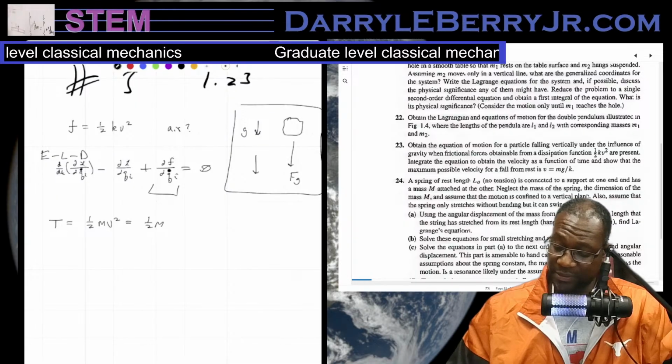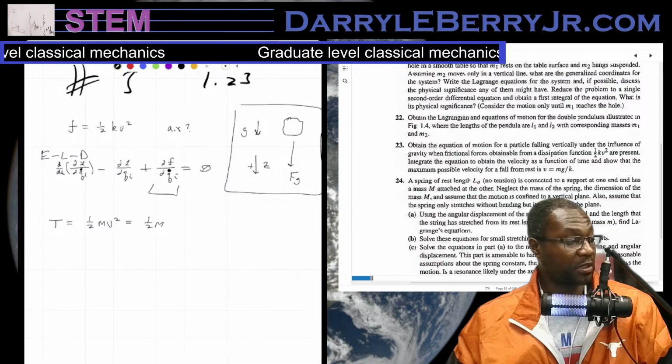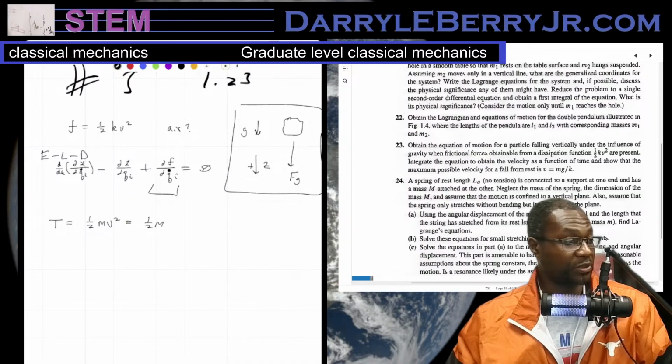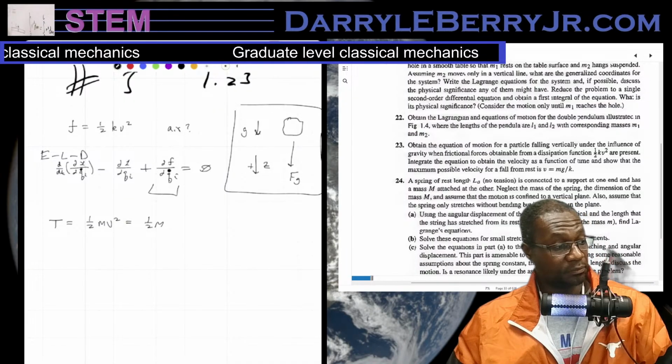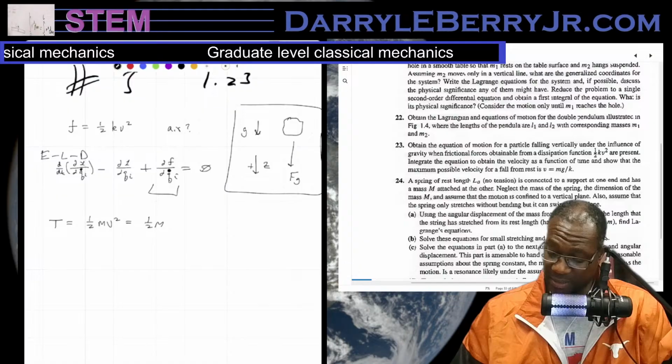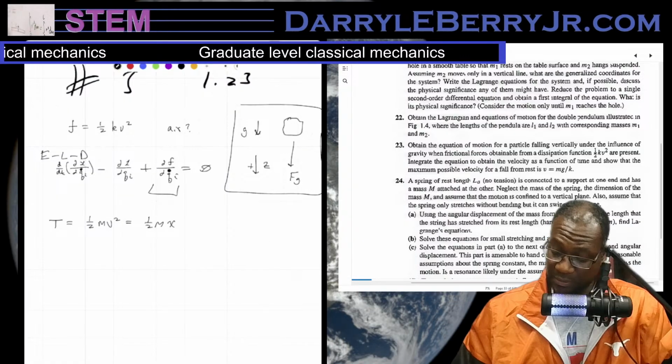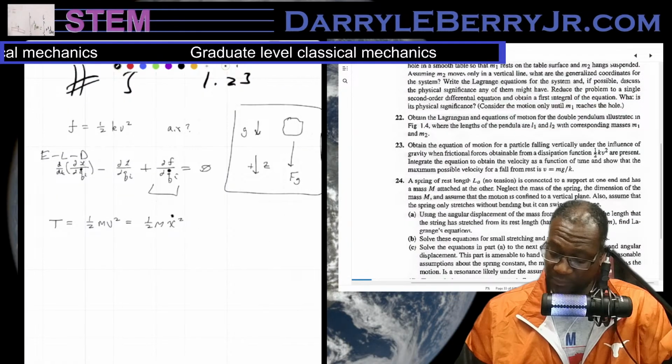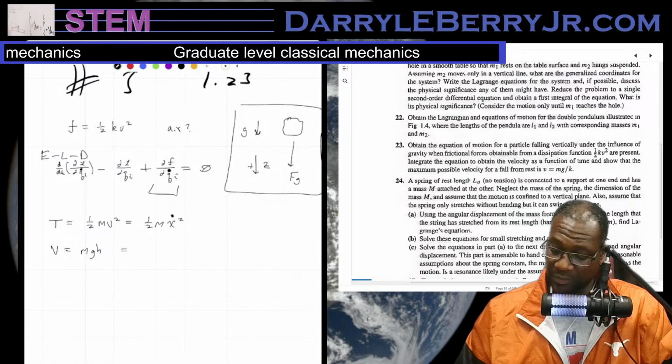If I call this v, let me see if she called it plus or minus v. Looks like she called it plus v, so we shall go with that. 1/2 m x dot squared.